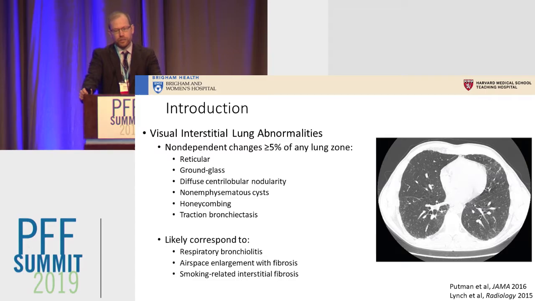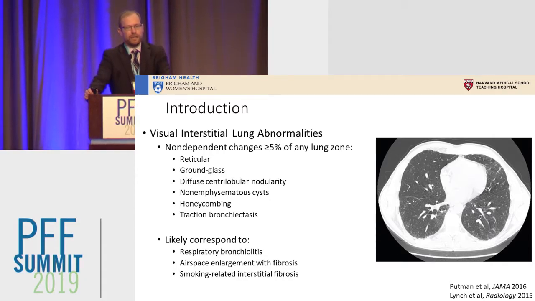You can see the definition here. They're non-dependent changes that affect more than 5% of any lung zone of one of these interstitial features, or combined of these interstitial features. And in some instances, they probably correspond to smoking-related interstitial fibrosis or respiratory bronchiolitis.